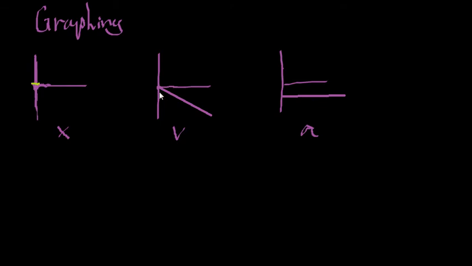So v goes down, down, down. You may think v is going slower because it's going down, but no. The speed is actually speeding up because it's going toward negative, and v is getting more and more negative. So the velocity is going negative.